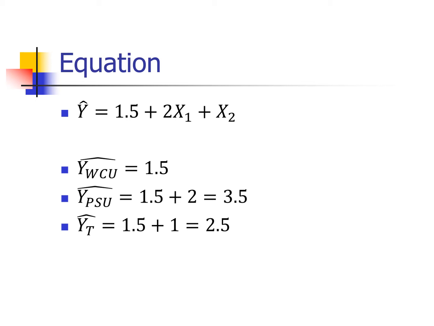If you're from Penn State, then you have a 1 for x1, so we have 1.5 plus 2. And if you're from Temple, then you have a 1 for x2 and a 0 for x1, so you have 1.5 plus 1, so 2.5. So hopefully you can see where all those numbers are coming from.